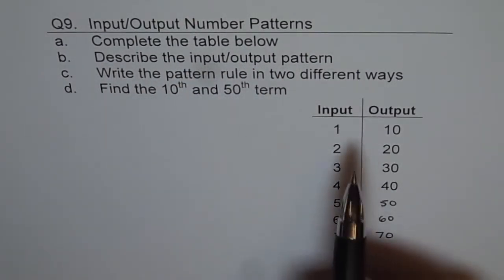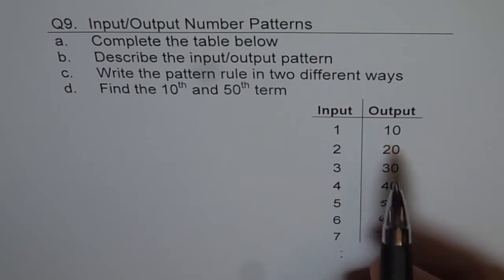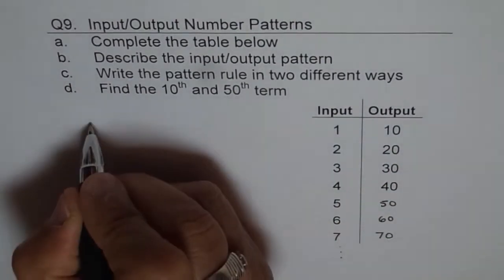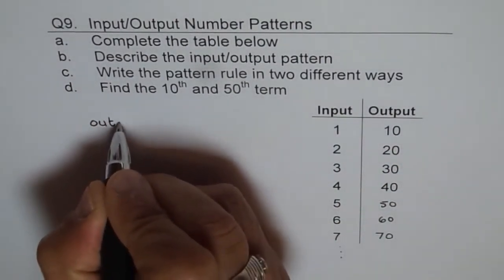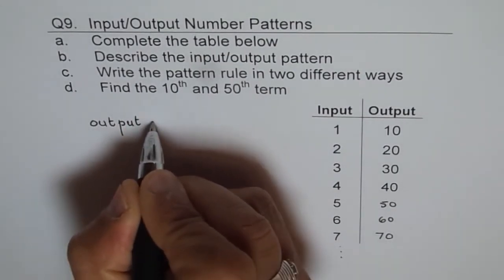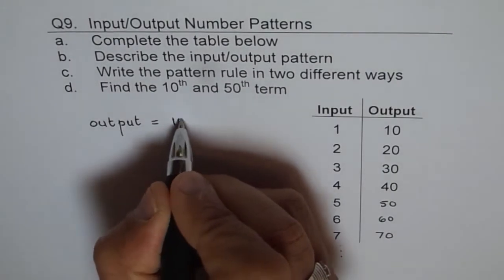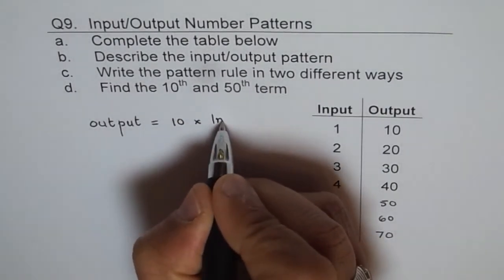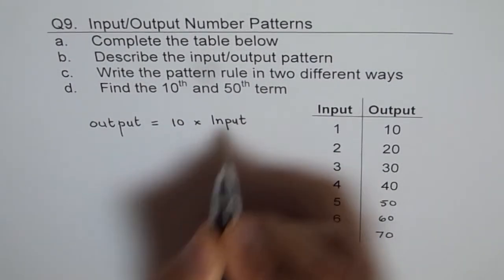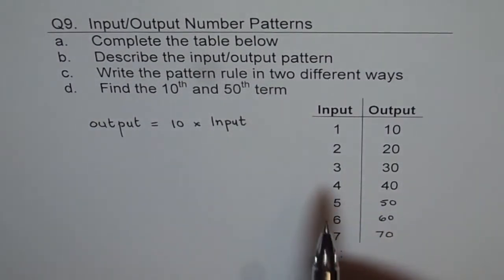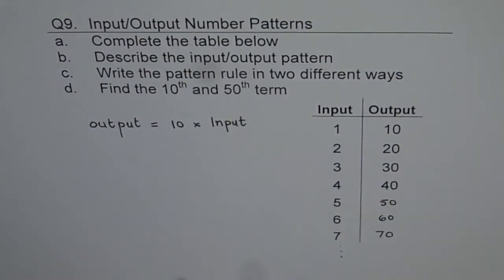Input-output means from the input, how do you get the output? So I'll say output is equal to 10 times input. Do you see that? 10 times input. That is how I'm going to describe my input-output pattern, okay?